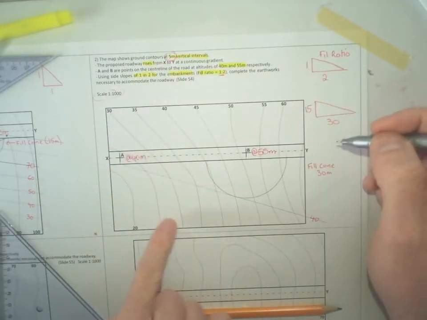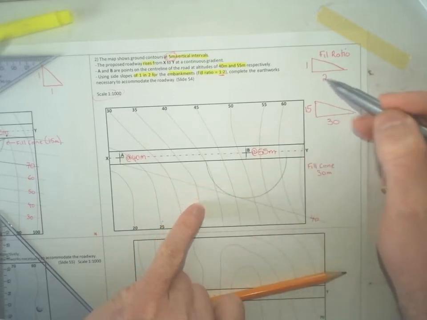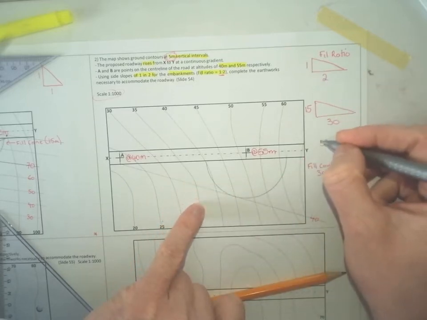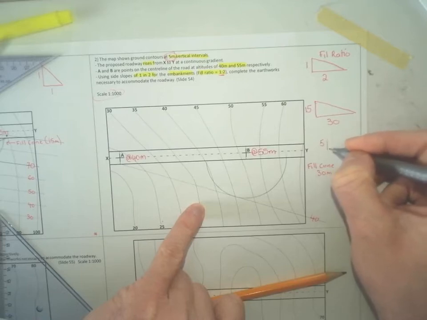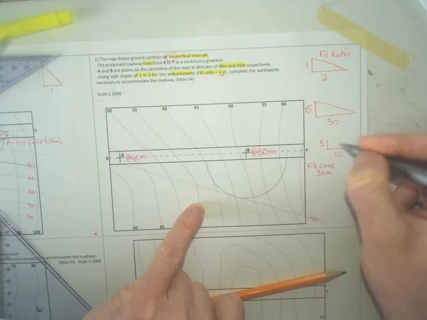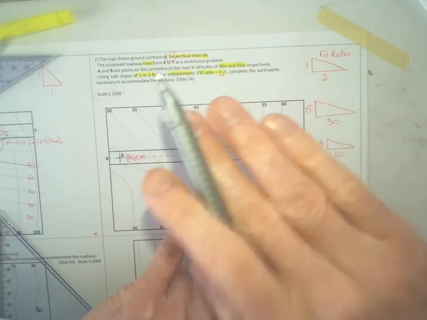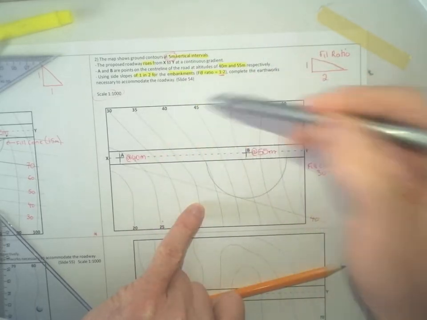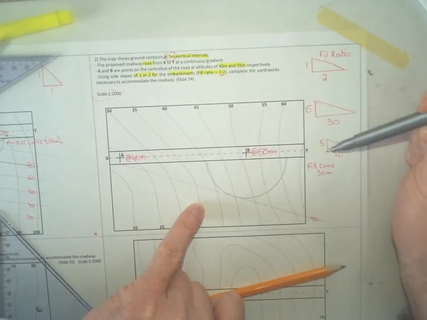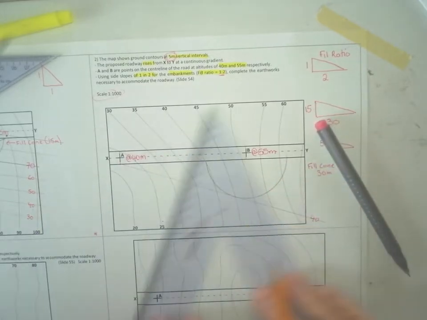Instead of measuring every 5 mils, because it's ratio 1:2, for every 5 you go down, you will go out 10. Because the contours are heights, in 5s, for every 5 you go down, you have to go out 10. So we'll be stepping out 10 mils.